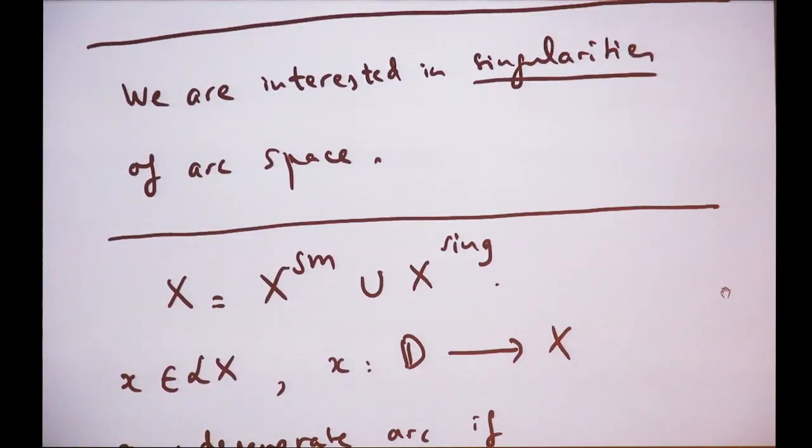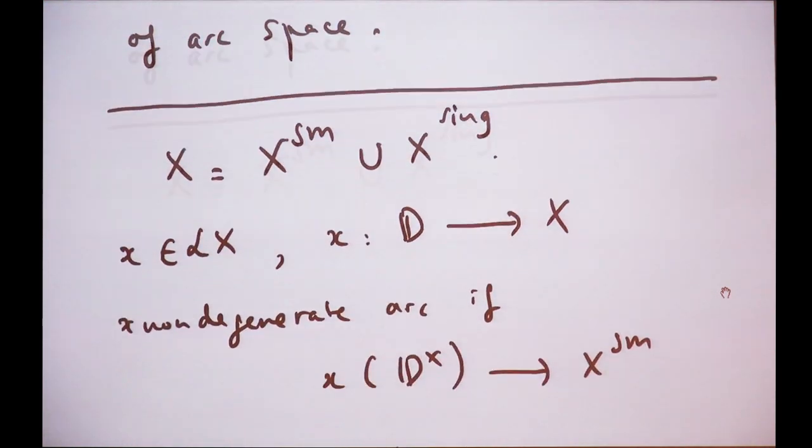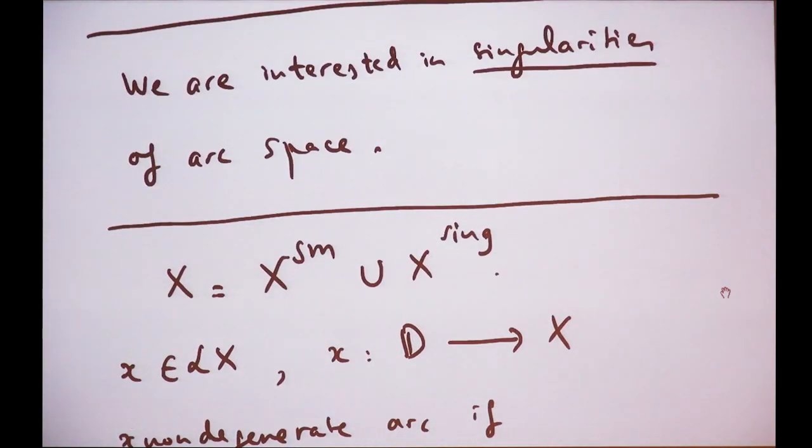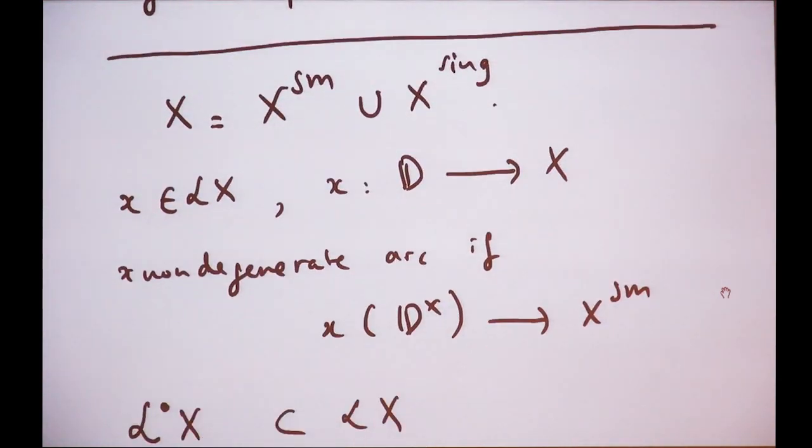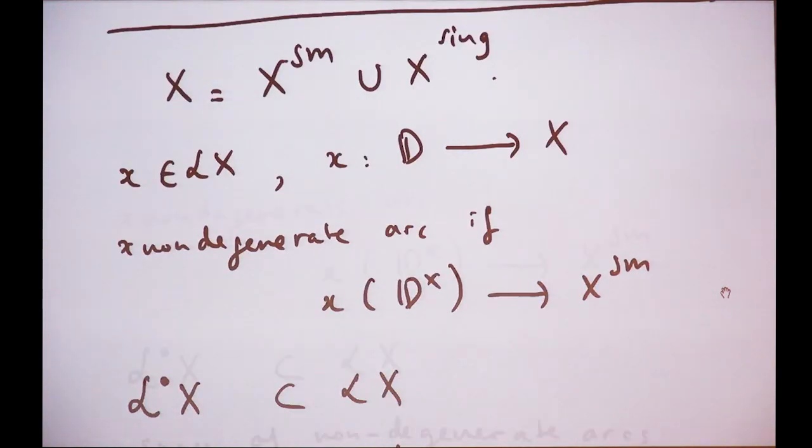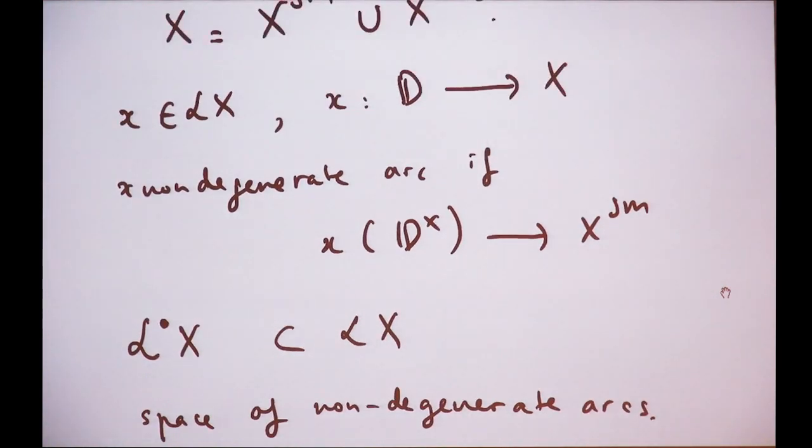I'm interested in the singularity aspect itself, because I want to study functions and do integration and all kinds of stuff on arc space. So that's what I'm interested in: the singularity of arc space. First of all, usually you have to discard bad points, so the non-degenerate points.